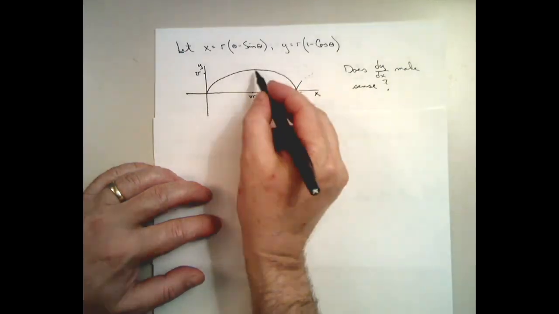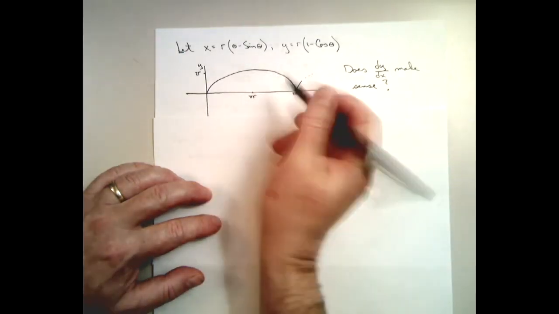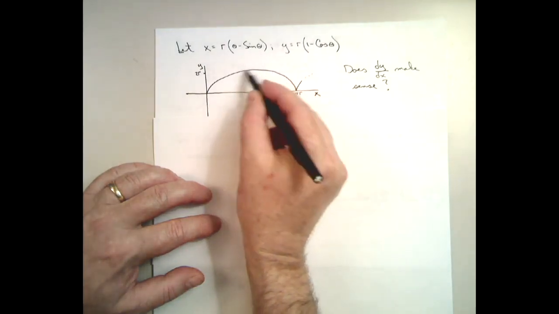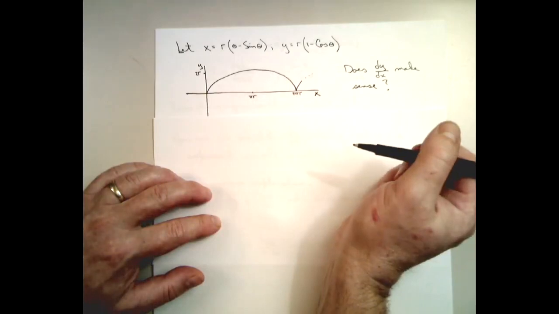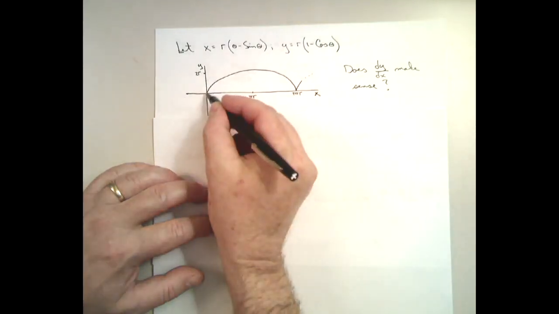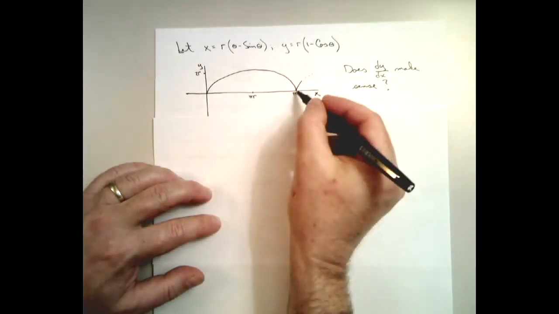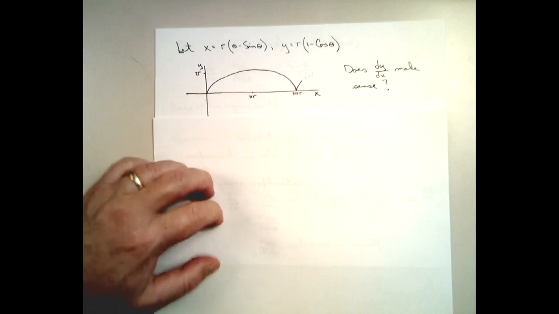So here at pi radians, or at the x value of pi times the radius, it looks like the slope of the tangent line is going to be 0. I'm not sure what it looks like the slope is going to be here at 0 and at 2 pi r. We'll investigate that a little bit later.